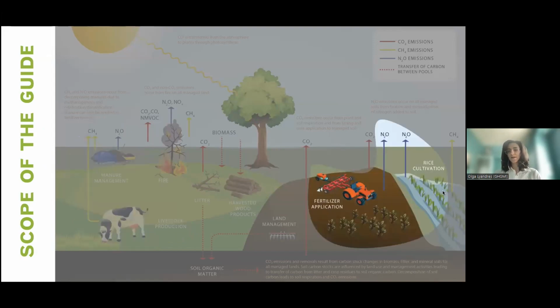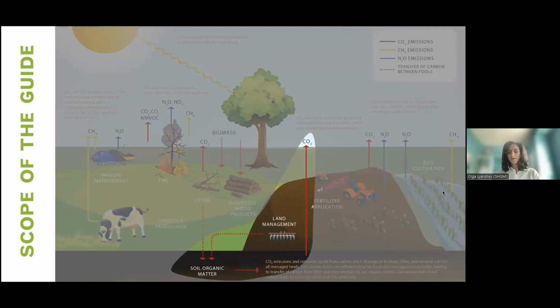We also look at fertilizer application, in particular synthetic fertilizer and nitrous oxide emissions related to those activities. We also look at how carbon stocks and emissions change as a result of land management on cropland.